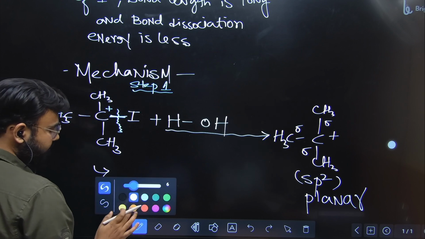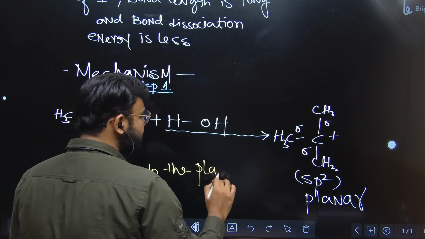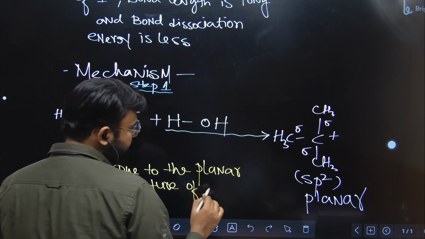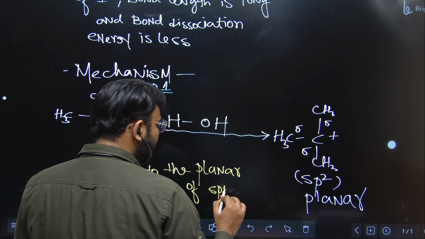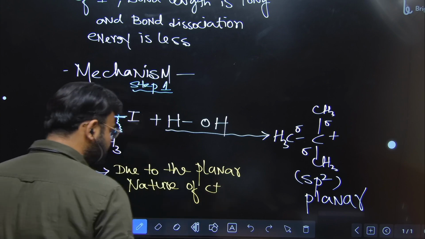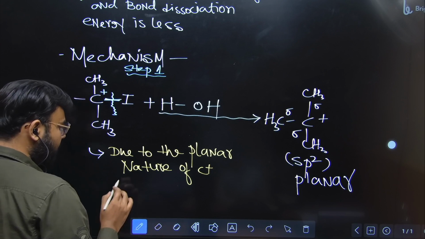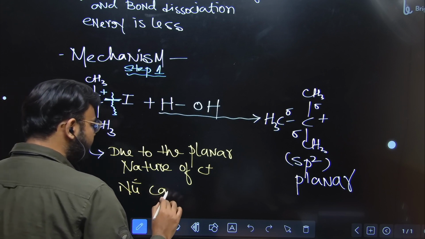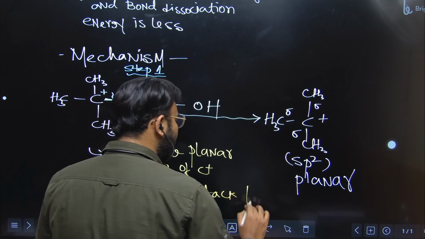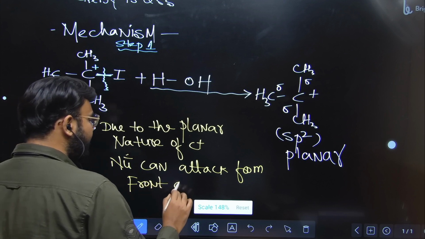Write a point here. So guys, due to the planar nature of the sp2 hybridized carbocation, the nucleophile can attack from front and rear positions.